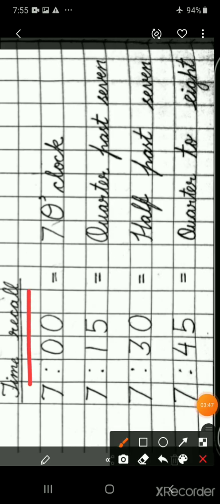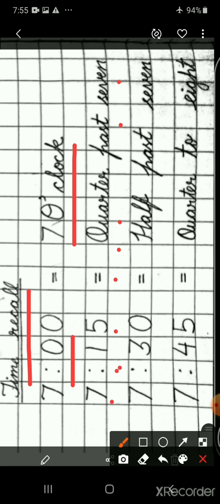After this, on the downside of this page you will write about time recall. Time recall. 7. In another way you will write 7 o'clock. 7:15 you will write as quarter past 7.